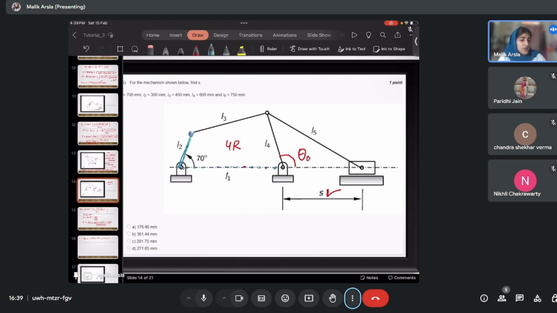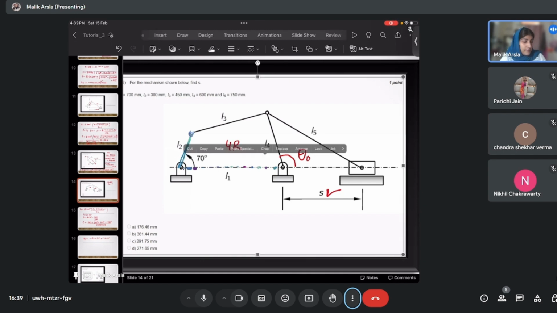In a Grashof chain, the configuration that is given cannot cross the line of the fixed plane, right? So this chain cannot go beyond this. It cannot form a mirror image against this line. It cannot cross this fixed line. So it has to remain above this line always.